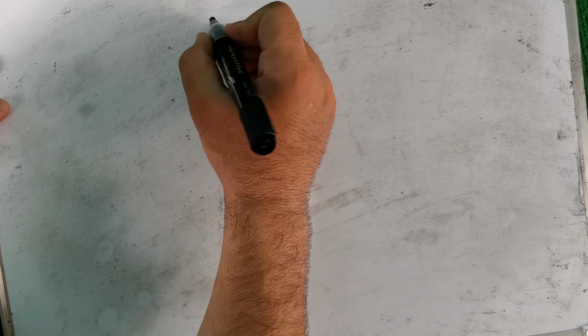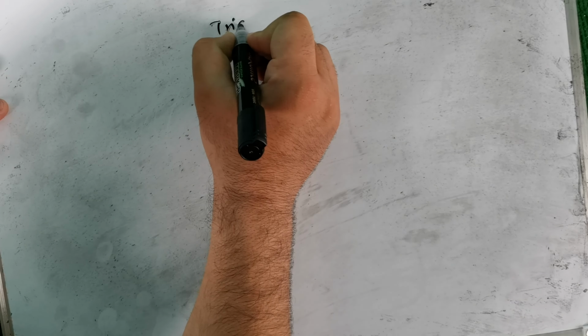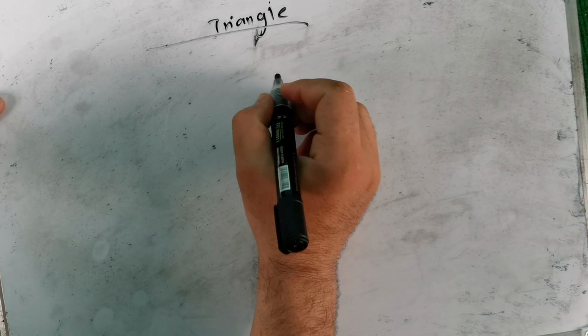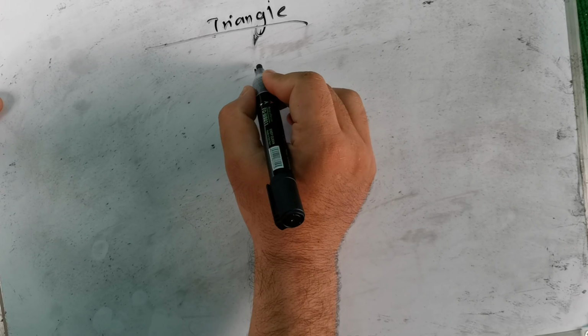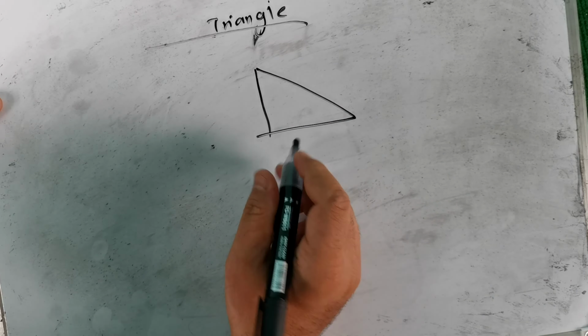Now let's talk about triangles. This is a right angle triangle. This is a scalene triangle.